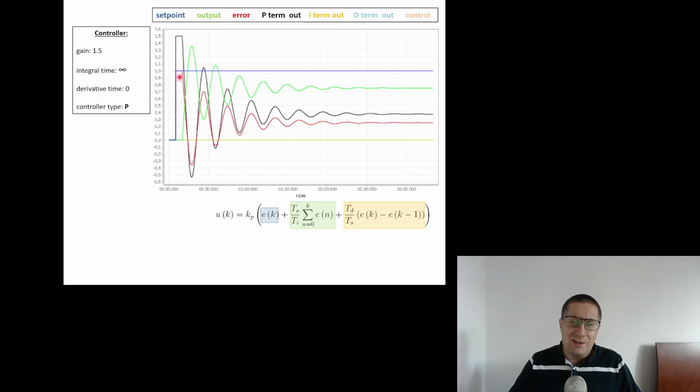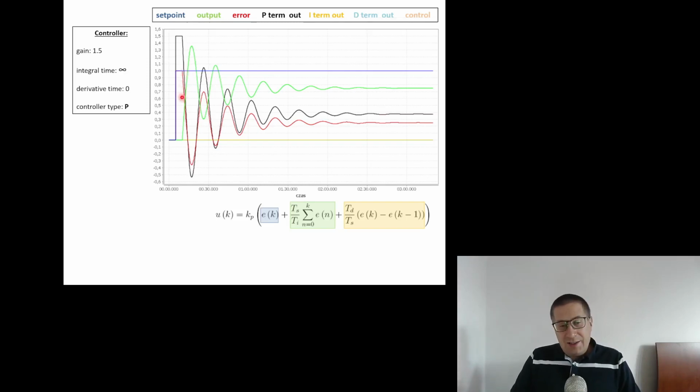And because of this, after the time defined by the process transport delay, the output of the process starts to rise very fast. This is a fast change because we sent a lot of energy to the plant.